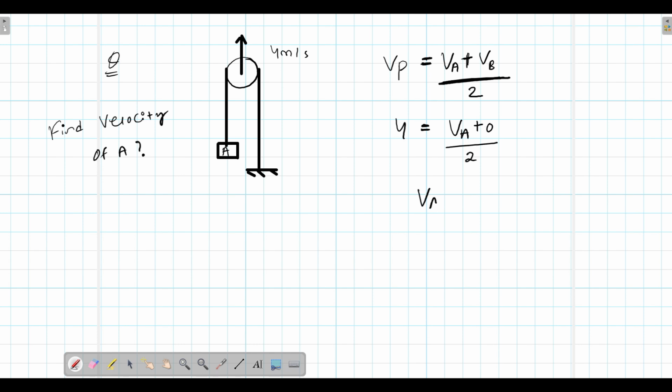So va equals how much? va equals 4 into 2, that is 8 meter per second. Speed of A is 8 meter per second.